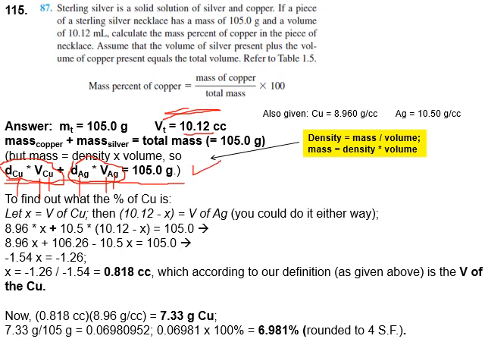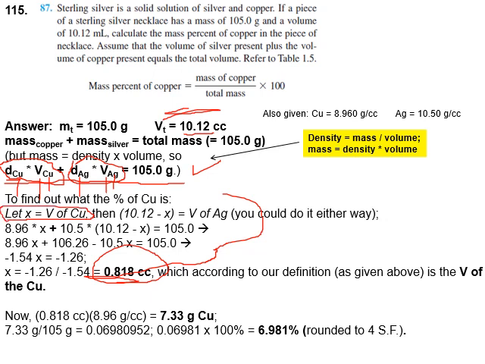So when we solve for x, which is done all the way through this part right here, we get that x is 0.818 cc's. Then we look back up to see what we said x is. Right here we said let x equal the volume of the copper.